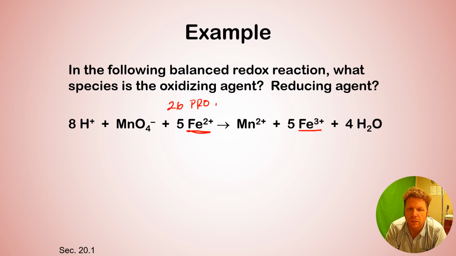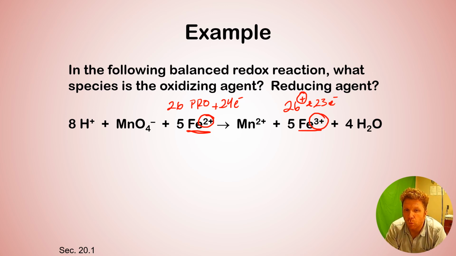This has 26 protons, which are positively charged, and 24 electrons, which are negatively charged, which is where we're getting this +2 charge from. Now, over here, we've got an iron with still 26 protons, and 23 electrons, which is where we get the +3 charge from.